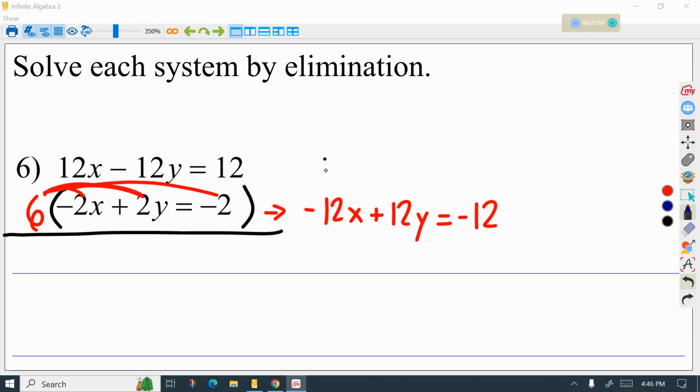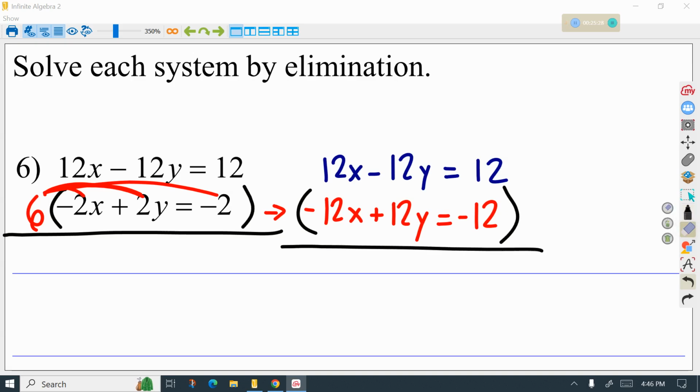And on top, I just have to copy that same equation, because the whole purpose of doing this is based on the idea that you would have seen that I can eliminate a variable by adding them together now. That's why we didn't have to change this one up here. We wanted to change this number to look like that number, so I only have to change one of them. This is like a level 2 problem, where we only have to multiply one of the rows.